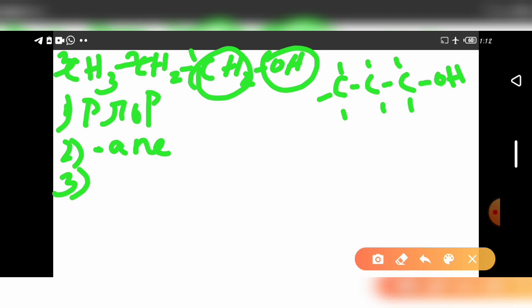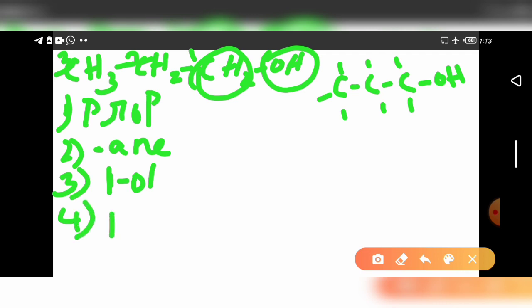That's why the secondary suffix is 1-ol. The secondary suffix for alcohol is ol, and 1 is the locant number showing the alcohol group is closest to that carbon. Next, how will you write the name of the compound? That is the fourth step.